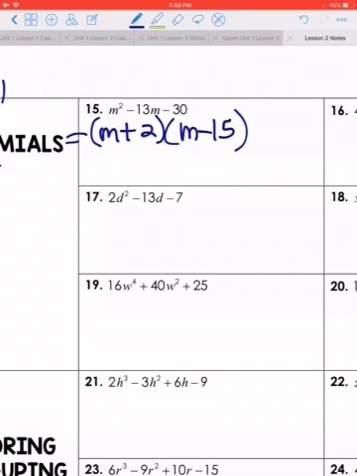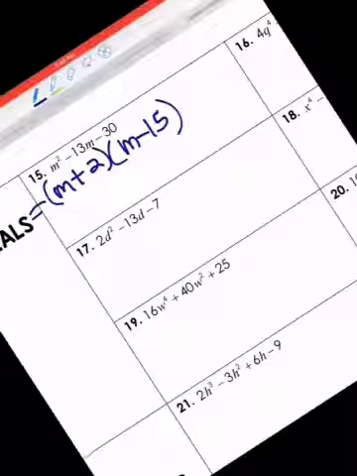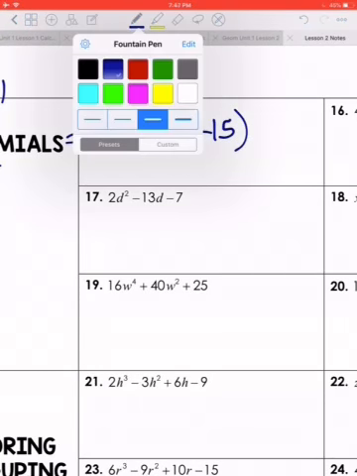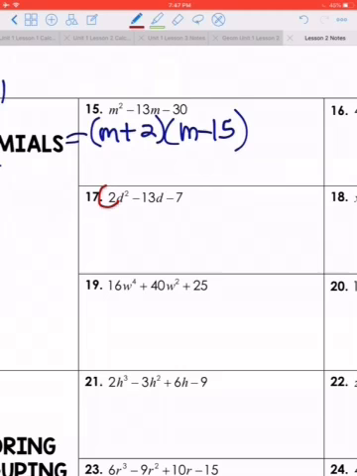Okay? So let's talk about 17. Because you can see d squared has a coefficient of 2. So that makes it a little bit harder. That's when you have to factor by grouping. Okay, so 2 times negative 7 is negative 14. And now you want numbers that will give you a negative 13 when you add them.